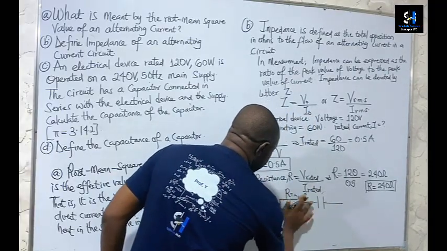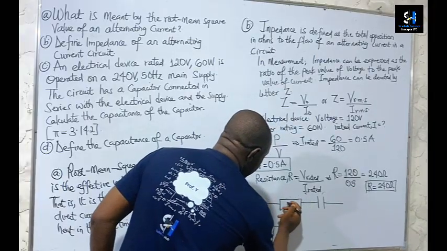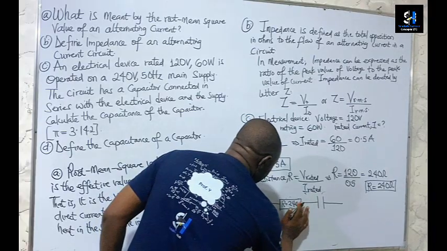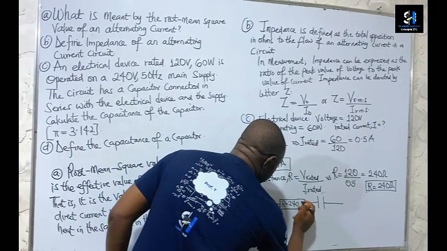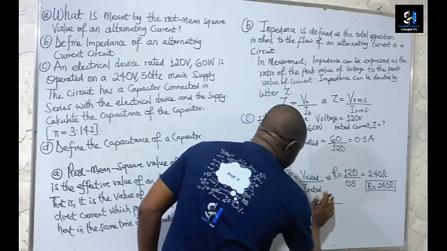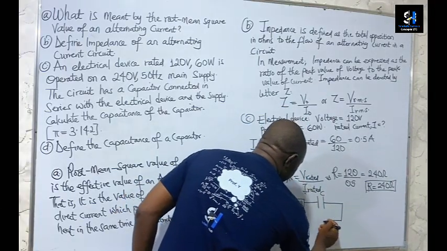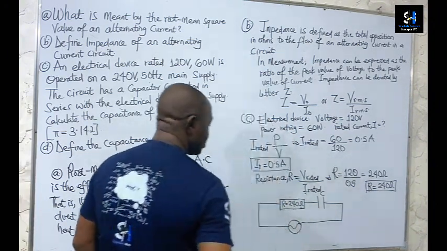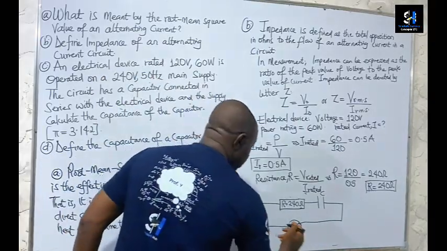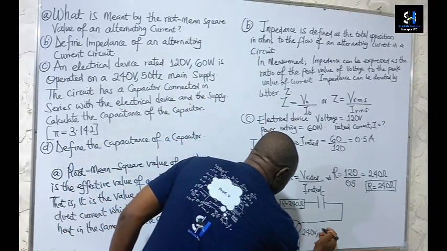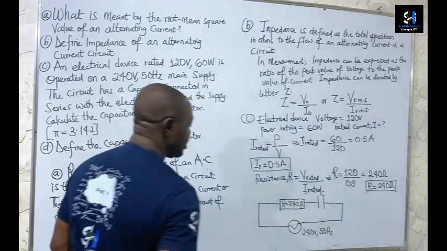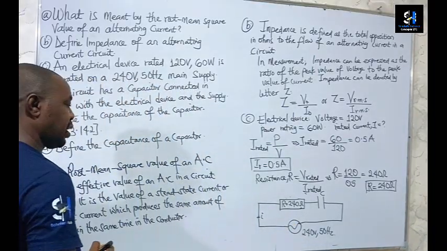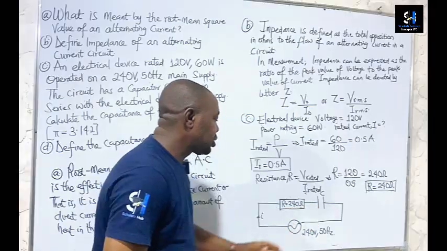So this is the resistor, 240 ohms, then this is the capacitor. This is now connected to the main, that is the AC source. The voltage source is 240 volts, while the frequency is 50 hertz. We have the current leaving the main as I, and they are connected in series.